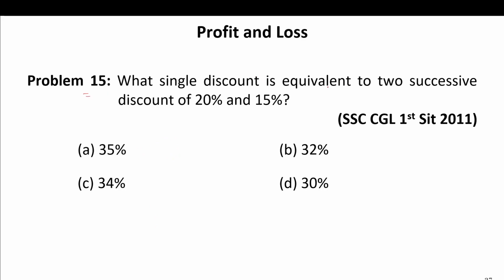So what single discount is equivalent to two successive discounts of 20 and 15? So it will be 20 plus 15 minus 20 into 15 by 100, that is 300 by 100. This much percent. So this will be what? 35 minus 3 is equal to 32%. So B is the correct answer here.